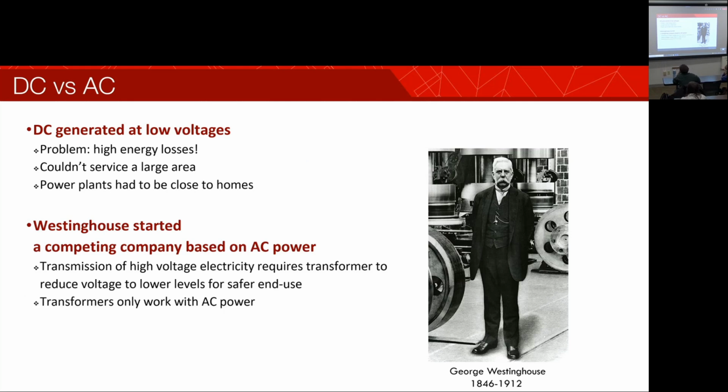And so in the early days of commercial electricity, they were trying to figure out which one of these is better for transmitting electric power. DC is generated at lower voltages, so if we want to transmit high amounts of power at low voltages, what must be true? High power, low voltage, high current. High current means high resistance.